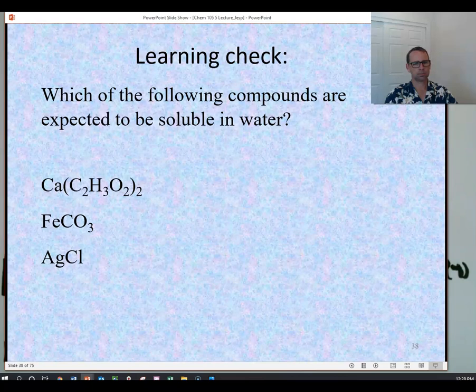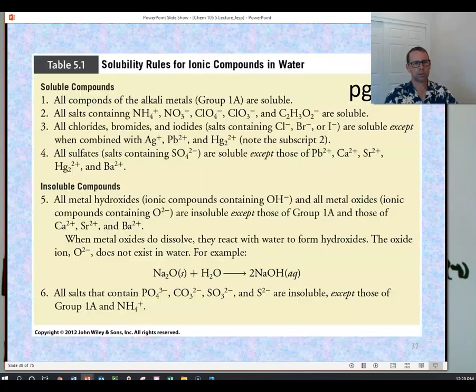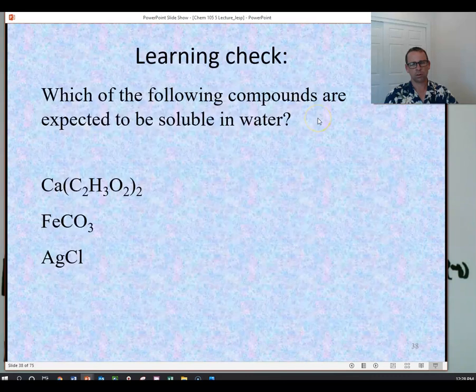Number 2: all salts containing NH4, NO3, ClO4, ClO3, or C2H3O2 are what? Soluble. Very good. So that means this first one is going to be soluble.